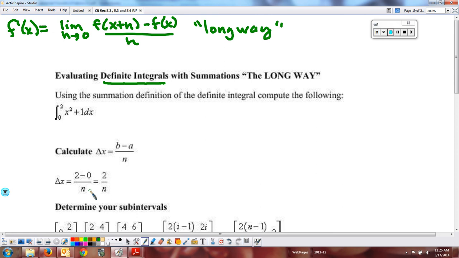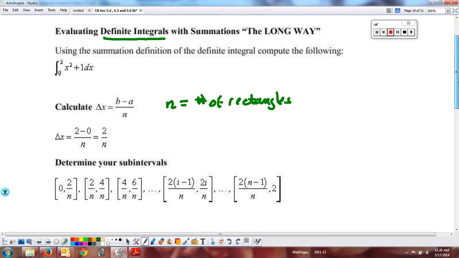I want to let my n go to infinity. Remember, n is the number of rectangles that we're going to use to estimate this area. As long as I use a finite number of rectangles, it's an approximation of the definite integral. But if we let it go to infinity as a limit, then that gives us the exact area. That's the process we're going to do.